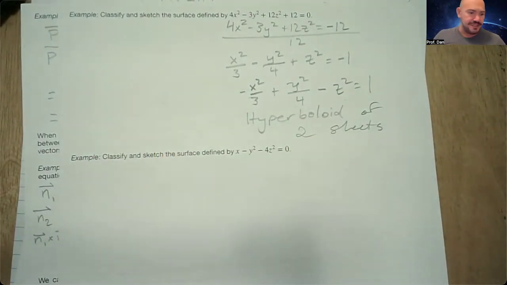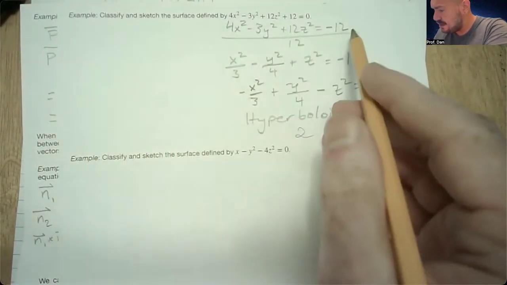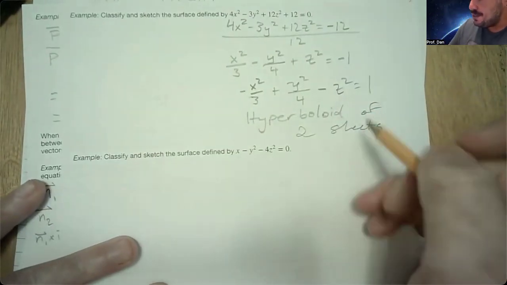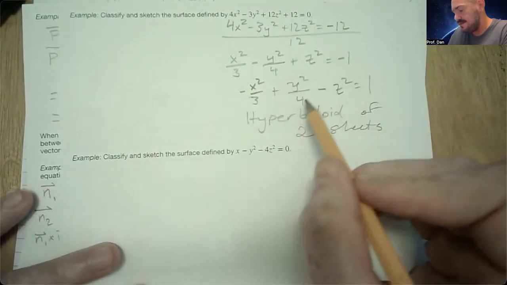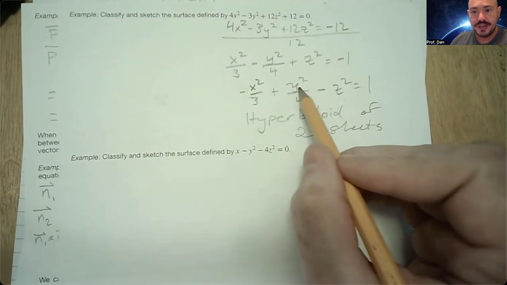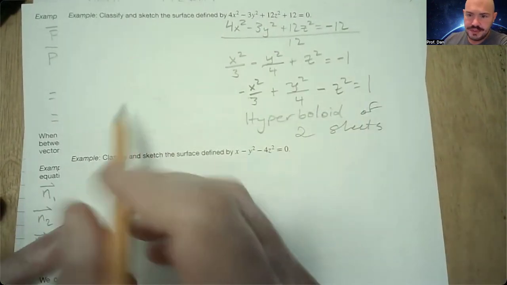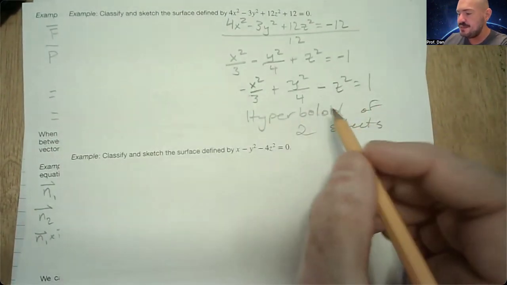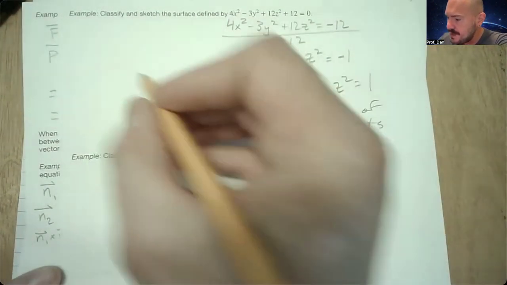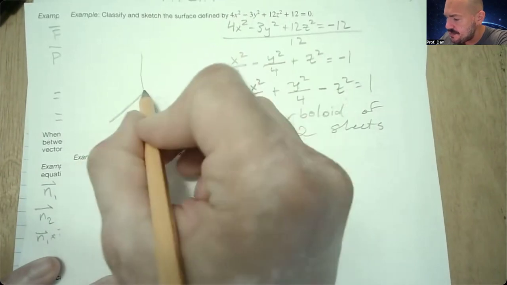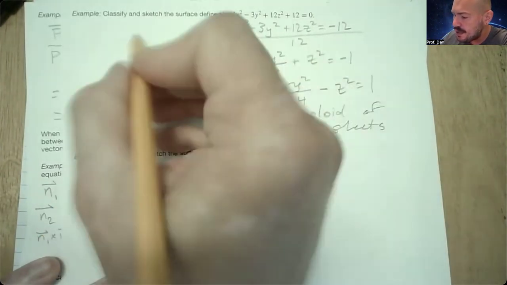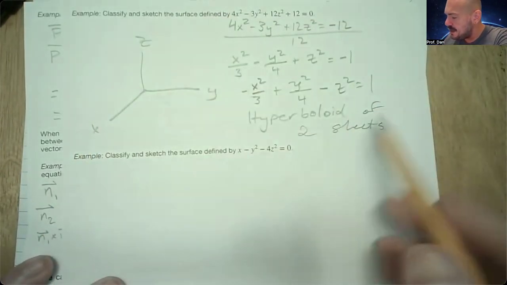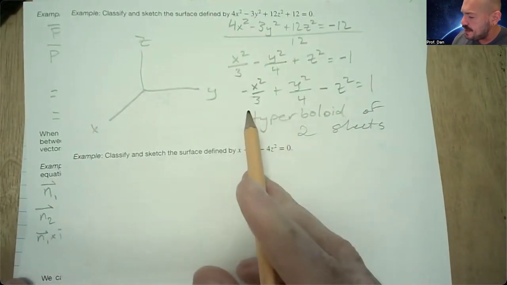And if I want to sketch this, keep in mind which one is positive here. The y. So the axis that we're going to get our two little cup shapes on is going to be along the y-axis. So if I draw my axes, we've got x, y, z.